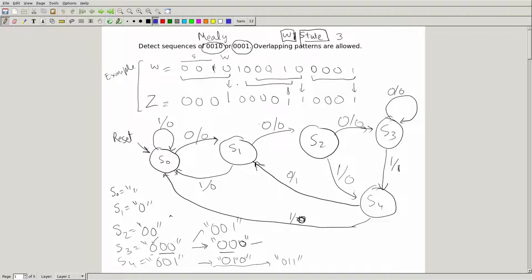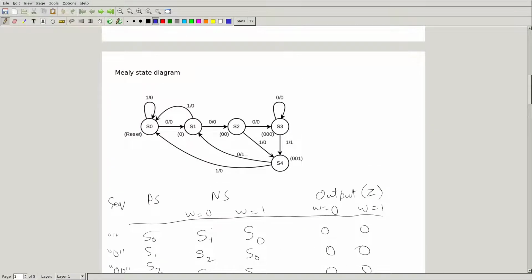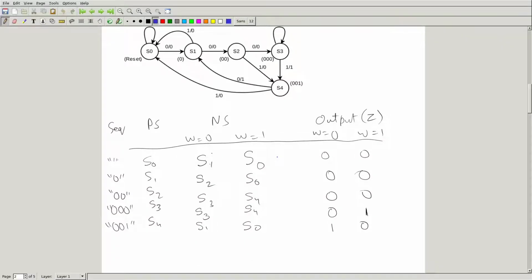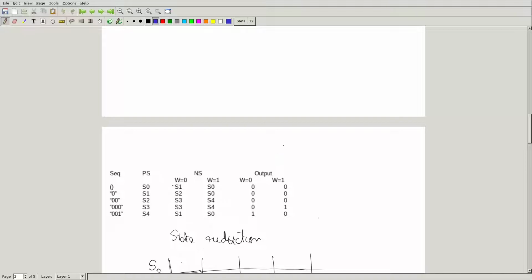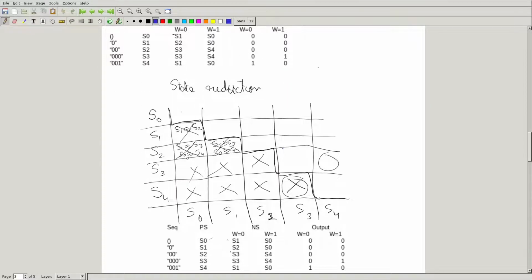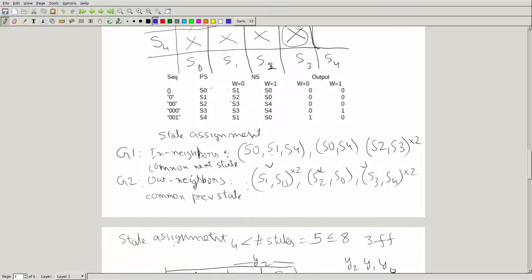So in the class we started designing a sequence detector with overlapping patterns, and we wanted a Mealy state machine for this. And we went over the state diagram procedure, got a state table, we tried state reduction, and we found that no state reduction is possible.